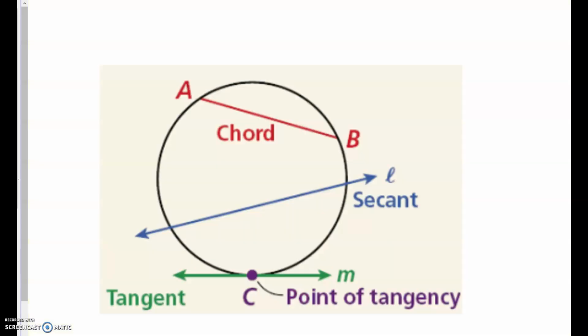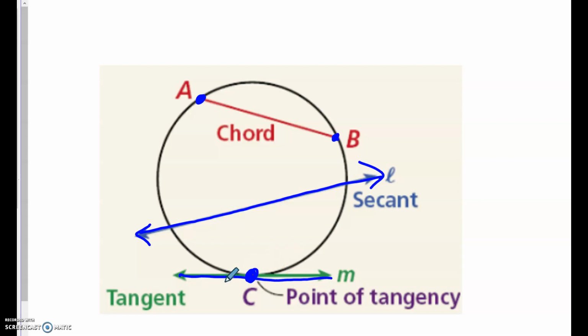In a circle, a chord is a segment that has both endpoints on the circle. A secant is a line that goes through the circle. A tangent, which is this green thing down at the bottom, only touches the circle in one point.